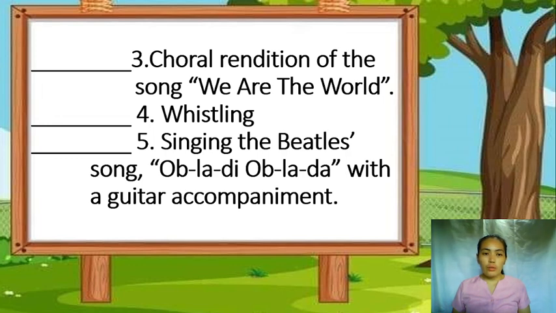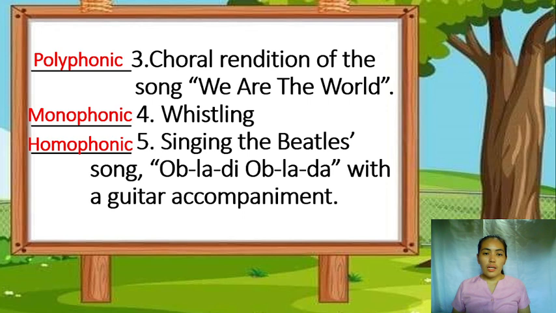What texture? Very good. It's polyphonic texture. The fourth one, whistling. It's monophonic texture. The last one, singing of the Beatles song Obladi Oblada with a guitar accompaniment. What texture? It's homophonic texture. Very good. You get the correct answer.